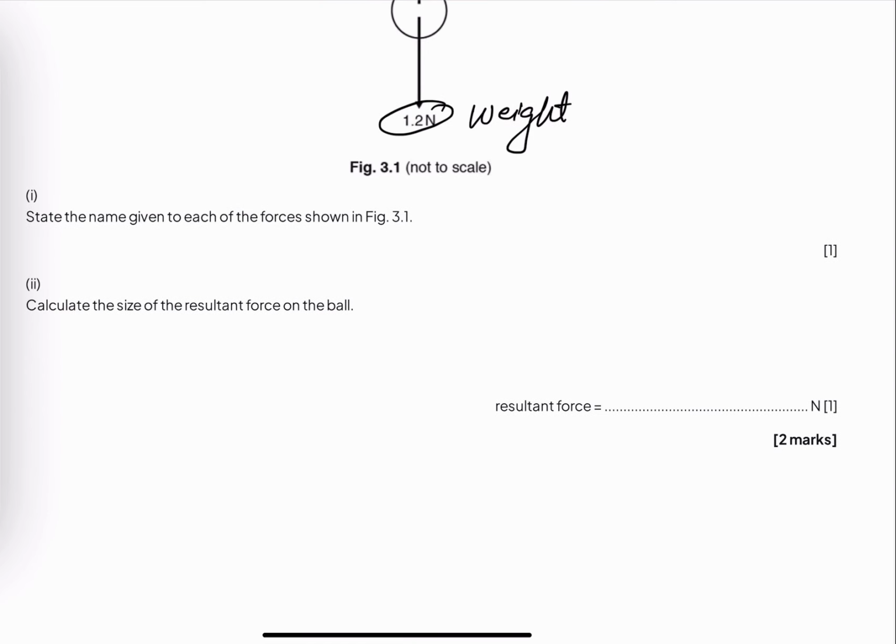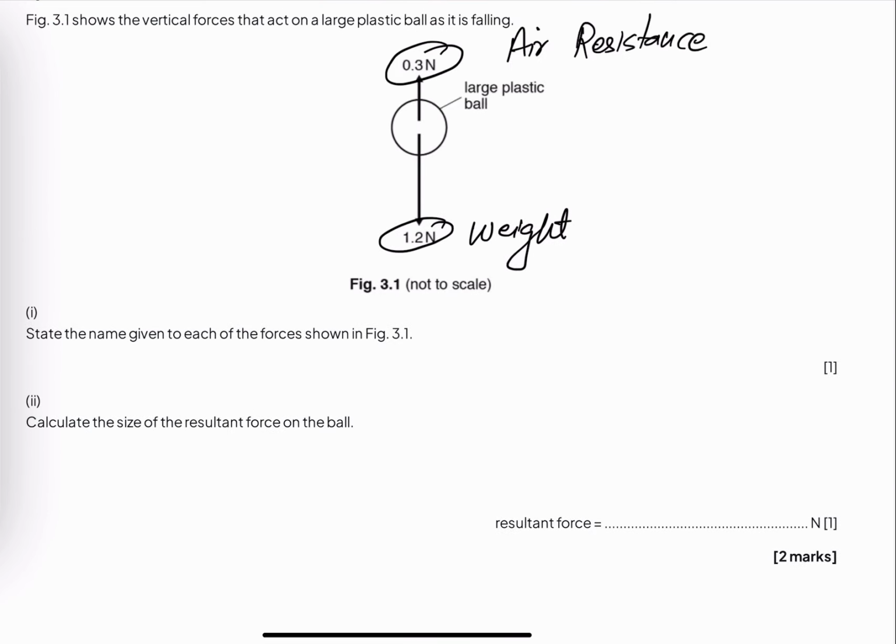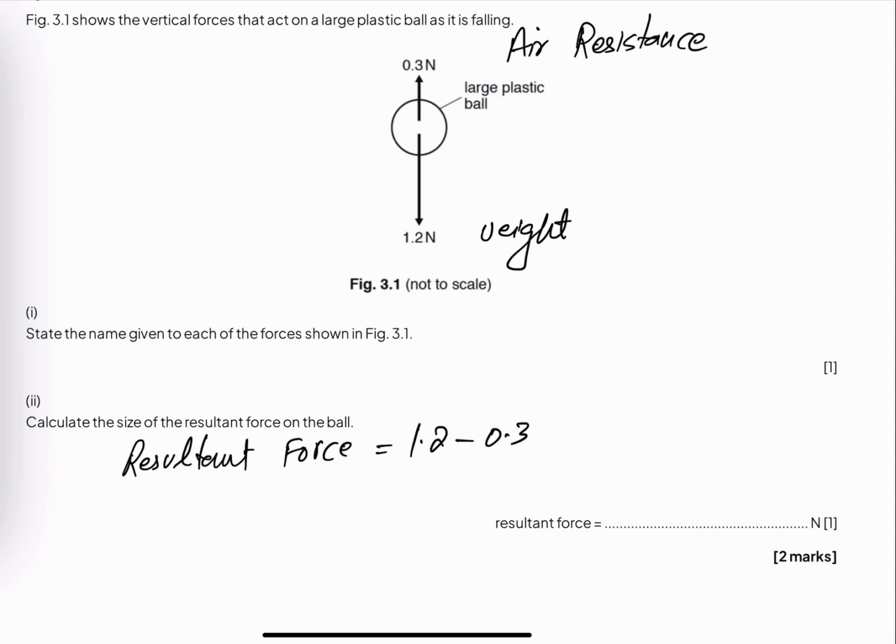In the second part, calculate the size of the resultant force. Okay, as both the forces are acting in opposite directions, the resultant force will be their difference. 1.2 minus 0.3 will give us 0.9 Newton. Okay, so this is the resultant force.